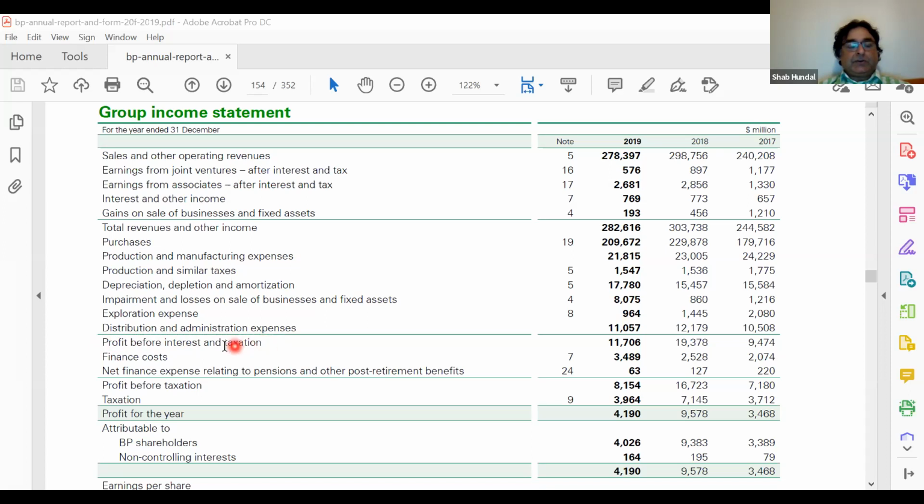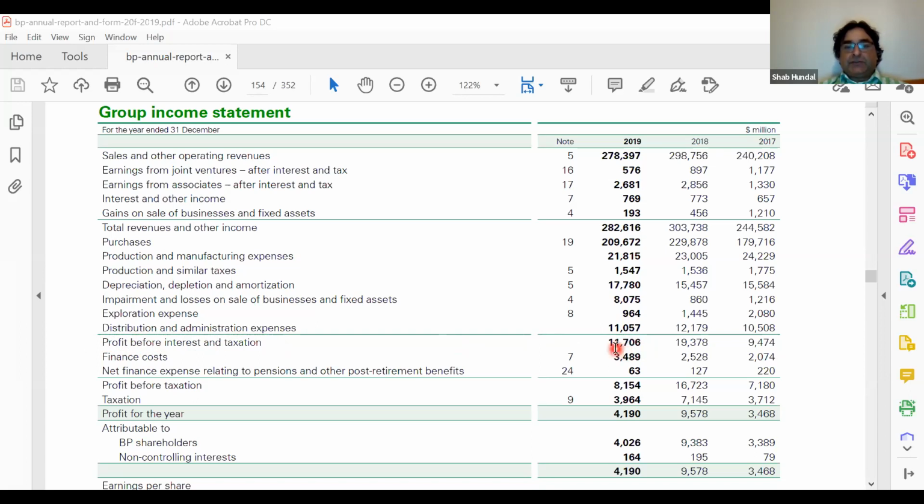EBIT is your operating profit. EBIT means the first word is E, earnings, but it can also be profit. So EBIT or PBIT is the same. For this company, it's $11,706 million in 2019 that this company has earned.